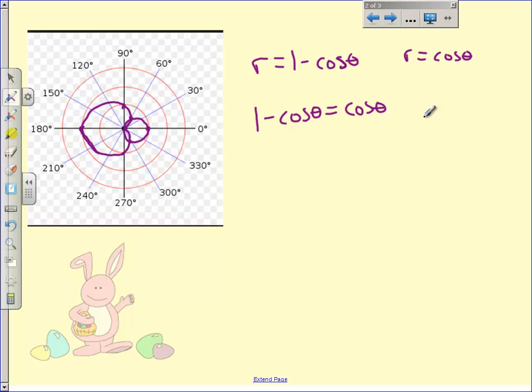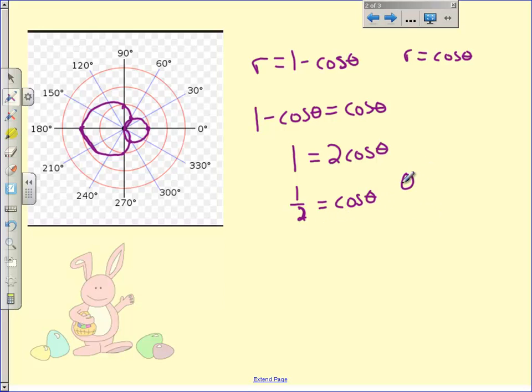And we're just going to do some algebra first. I guess I can add cosine theta to both sides, and I'll get 1 equals 2 cosine theta. And then divide by 2. And then I've got cosine theta equals 1/2. Now here I've got to switch gears and get out of algebra mode and go to trigonometry mode. When is cosine equal to 1/2?